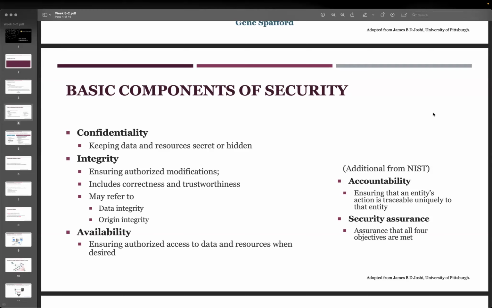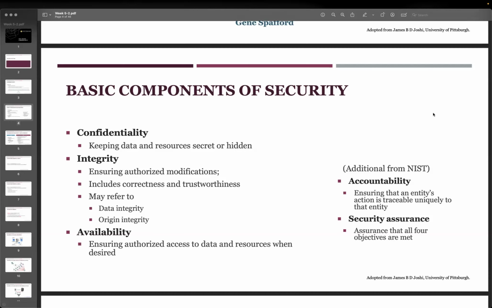Integrity ensures authorized modification, including correctness and trustworthiness, and maybe data integrity or origin integrity. Availability is to ensure authorized access to data and resources when desired.